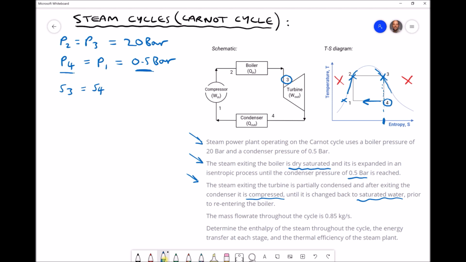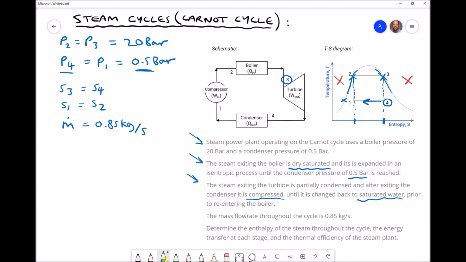Once again, 1 to 2 is an isentropic process, constant entropy. So the entropy at position 1 equals the entropy at position 2, and we'll be determining those values later in this video. The last piece of information we're given is that the mass flow rate of the steam throughout the cycle is 0.85 kilograms per second.